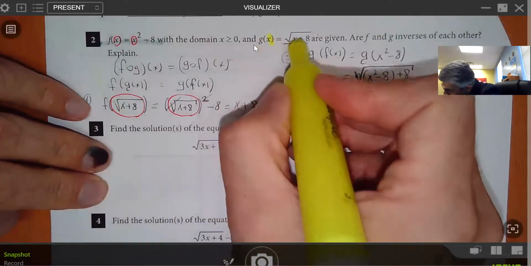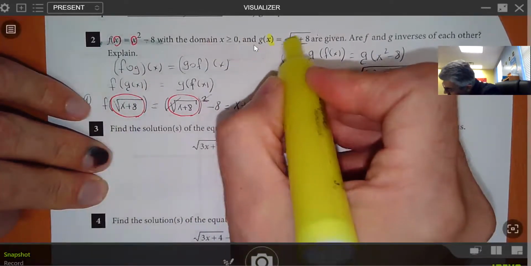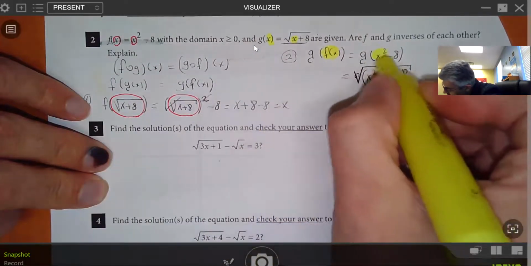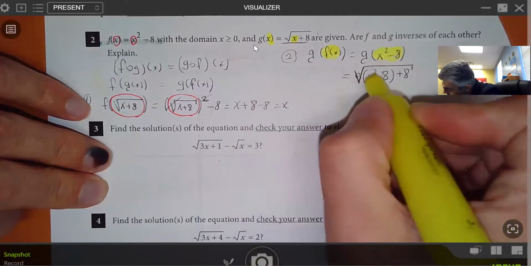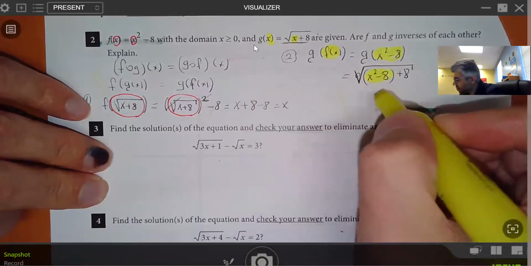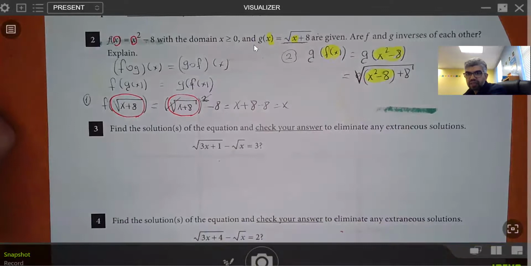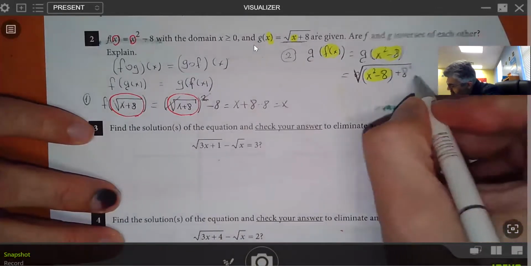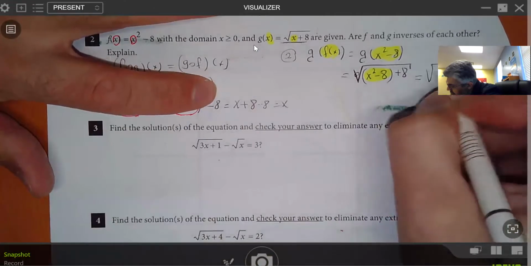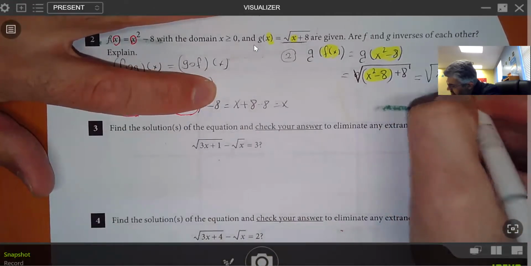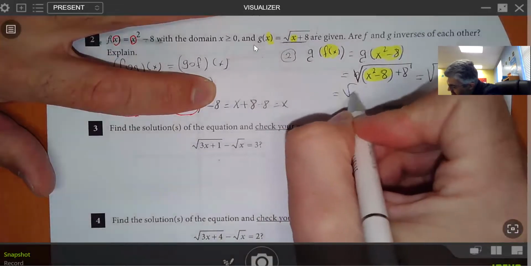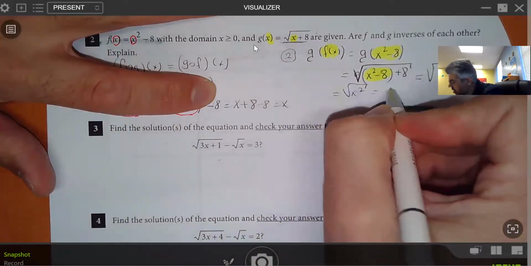In parentheses I have f of x. So I have to have it in radical, then add 8. So it's equal to root x squared minus 8 plus 8. They cancel out each other. It's root of x squared. It is x.